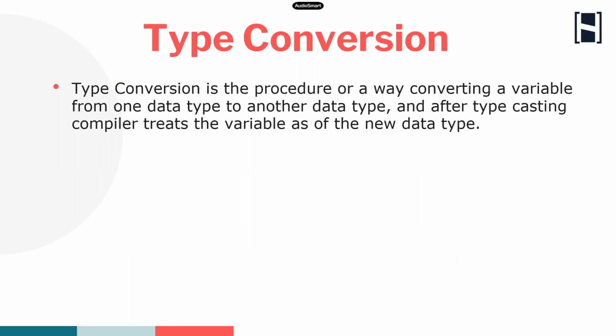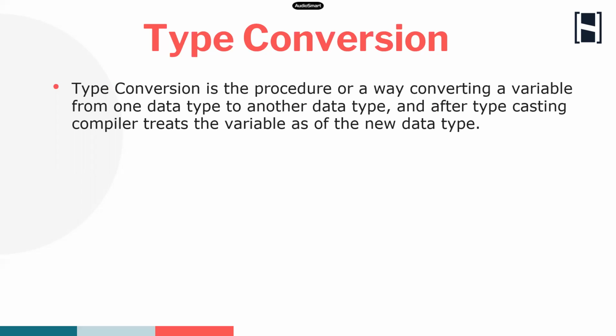Say, for example, I am creating a variable of integer data type. We know that an integer can accept only whole numbers. Now I want to convert that integer variable into a floating point value. Or I have created a float, which can accept fractional values, that is, values with decimal points.